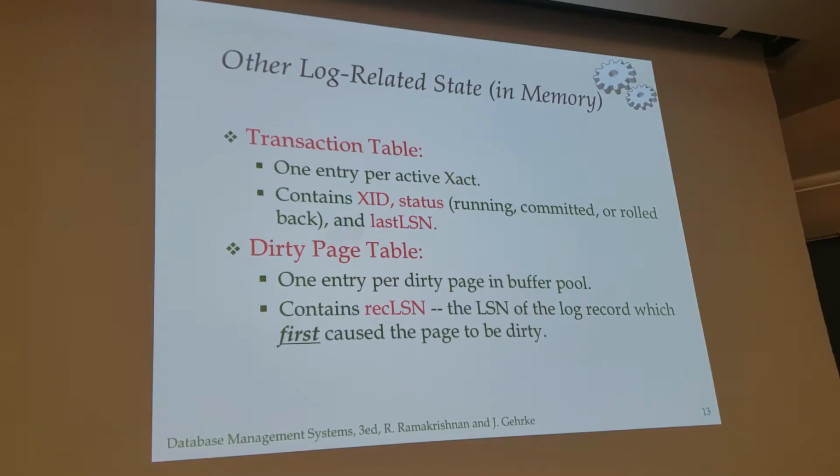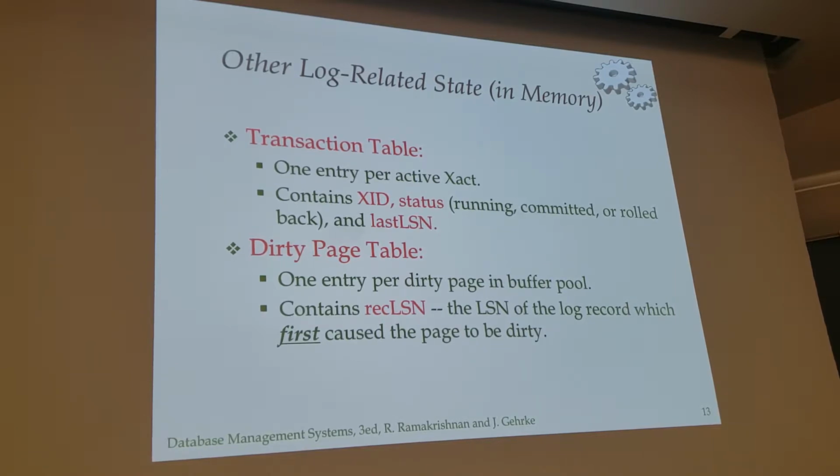Often you're also going to have entries for some committed transactions until you can forget about them. But basically, it's going to have information about the transaction ID and its status, which might be running, committed, or rolled back. And for each transaction, it's going to have its last LSN, the last log sequence number that corresponds to that transaction.